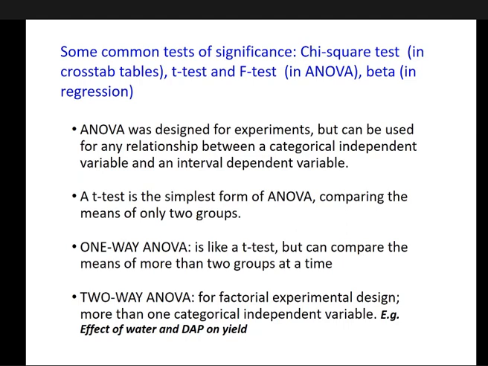Here, for example, if you are looking at the effect of water on yield, and at the same time the effect of fertilizer on yield, those are more than one independent variable, and the one-way ANOVA will not work for you. You need two-way ANOVA because the experimental design becomes factorial.